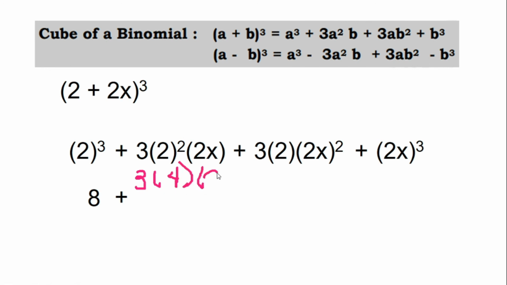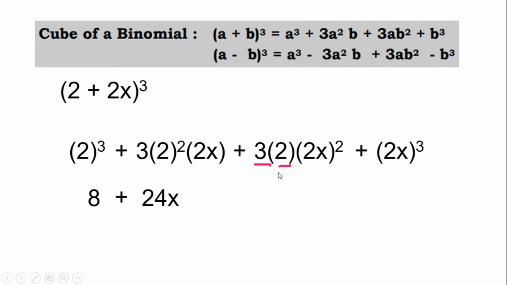So we have 3 times 4, 12 times 2, that's 24, and then x. So we have plus 24x. In this case naman, we have 3 times 2, that's 6, times 2, so let's simplify muna. We have here, in this case, 3 times 2, that is 6.